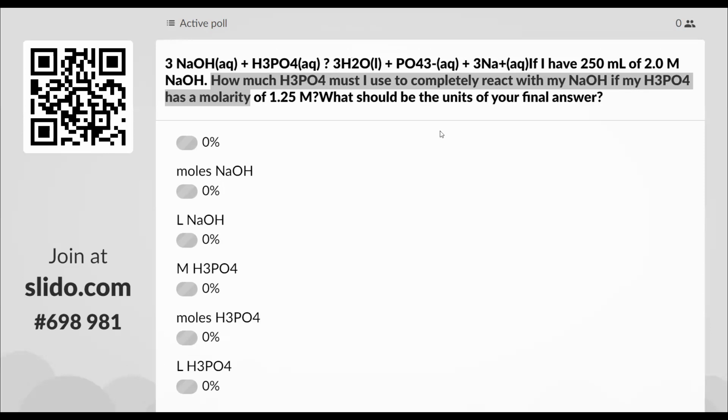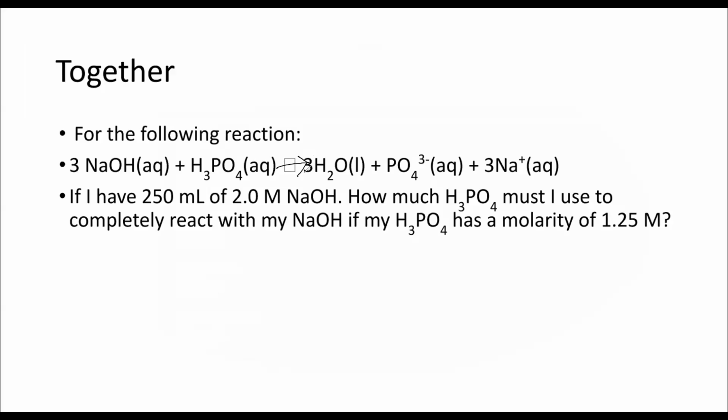Now let's go over the math of this. I have 250 milliliters of 2 molar NaOH. How much H3PO4 must I use to completely react with my NaOH if H3PO4 has a molarity of 1.25? Our final answer should be liters of H3PO4, and I start with NaOH.